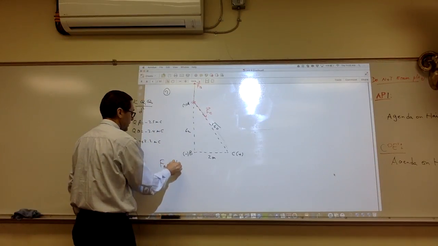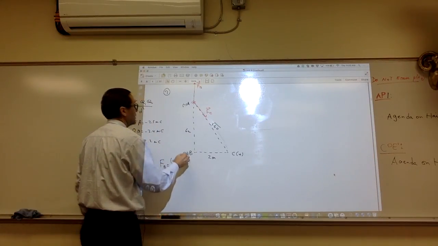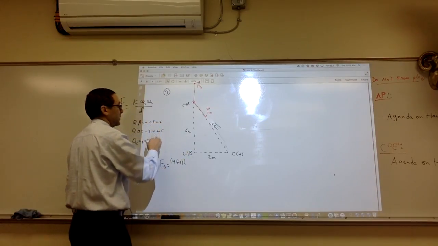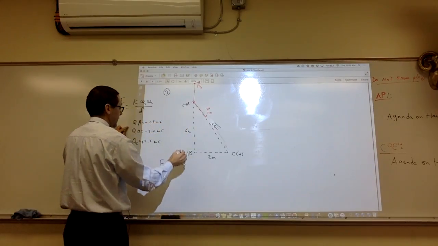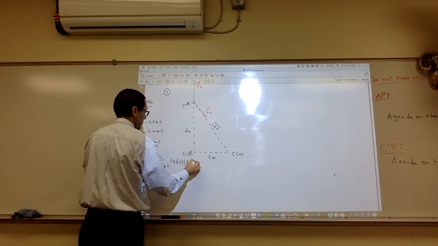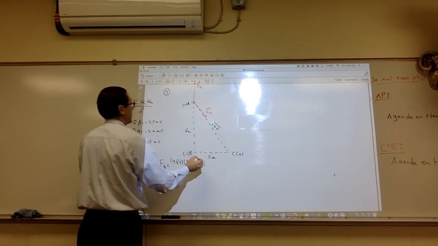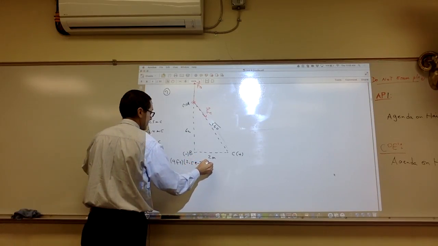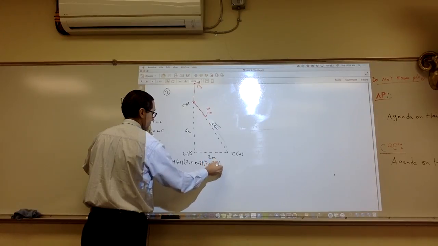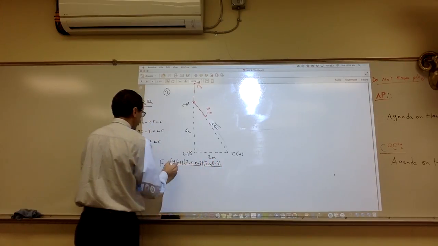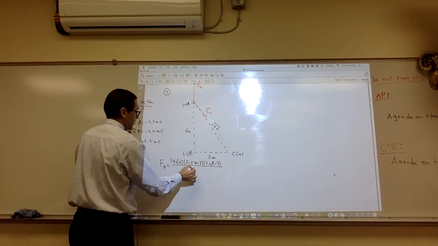FB is 9 times 10 to the 9 times the charge of A times the charge of B over the distance from A to B squared.